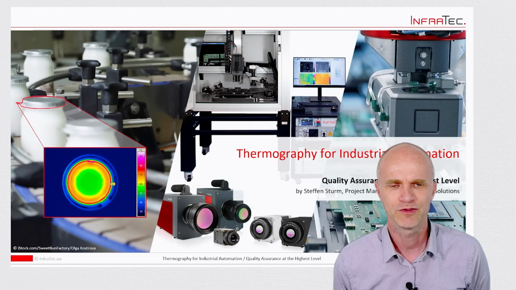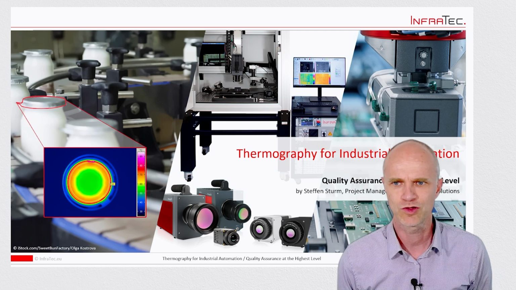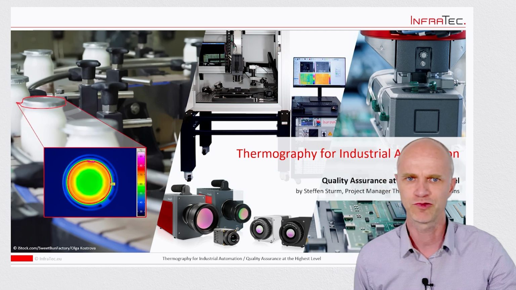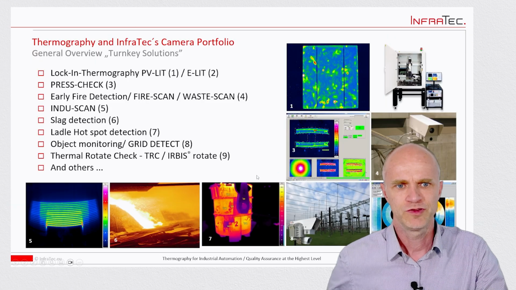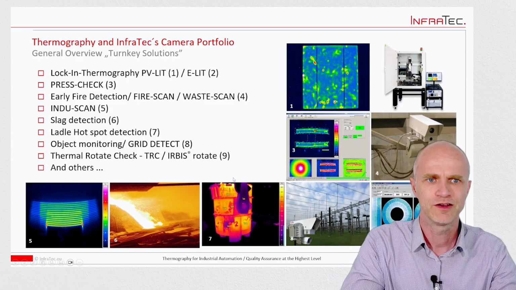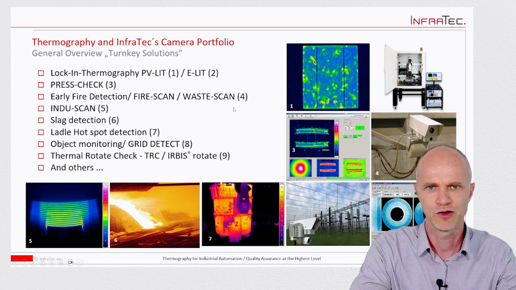My part now is to talk about our turnkey solutions, and I will give you some overview about these applications. You see here on this first slide the fields of applications we have.